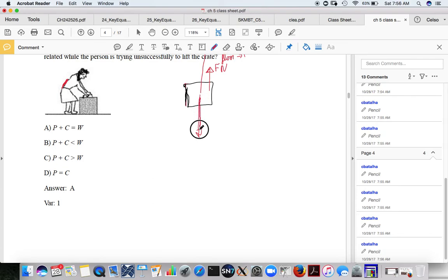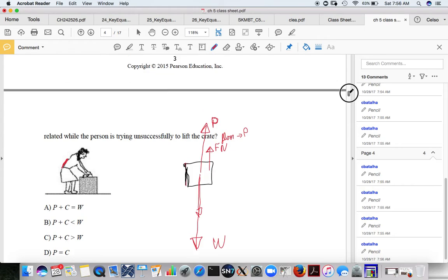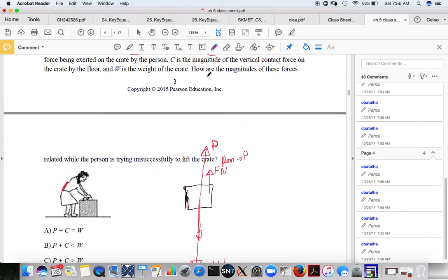Weight is a force that arises because Mother Nature, Earth, is pulling it down. How are the magnitudes of these forces related while the person is trying unsuccessfully, which means the crate is not being lifted? If it's not being lifted, it means the weight is bigger than these two forces.